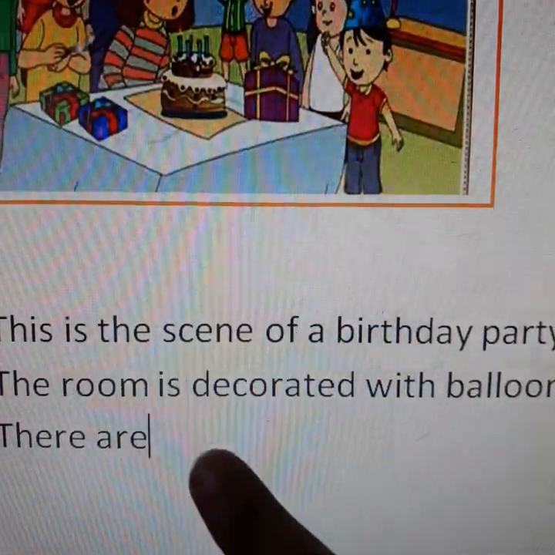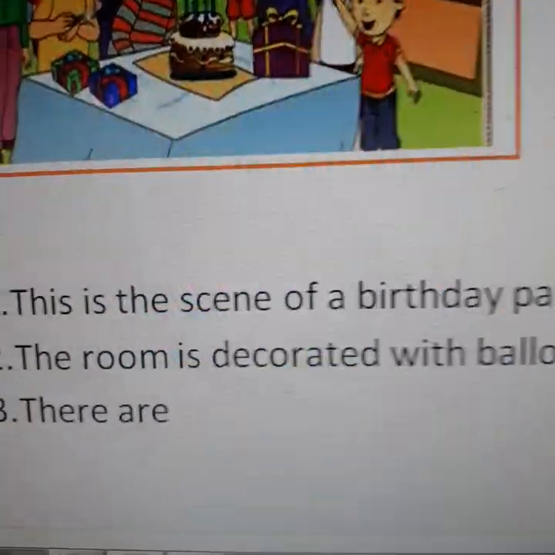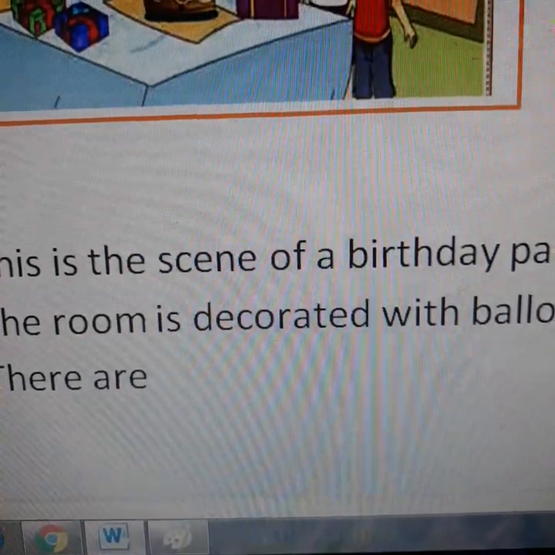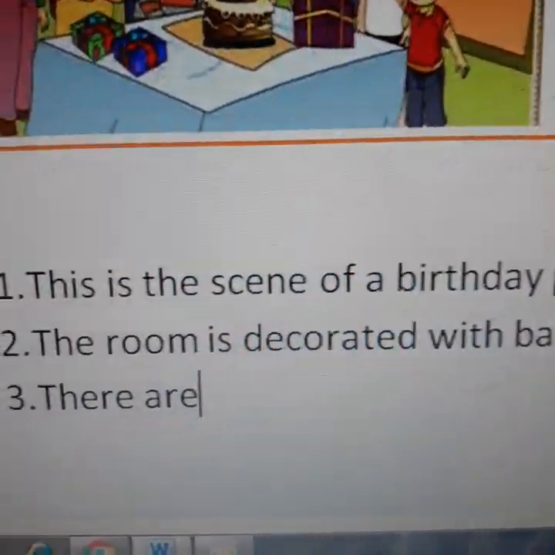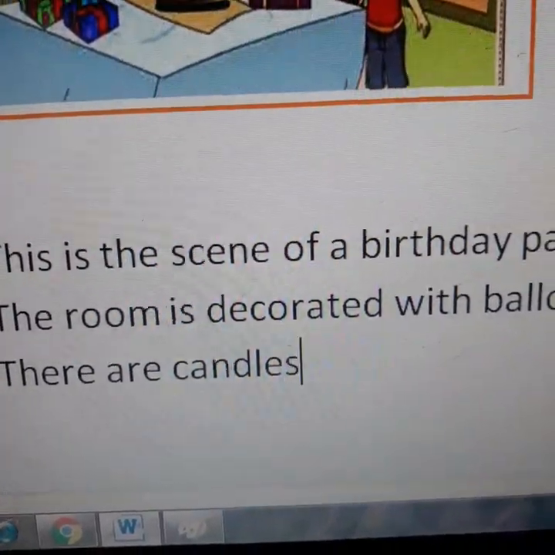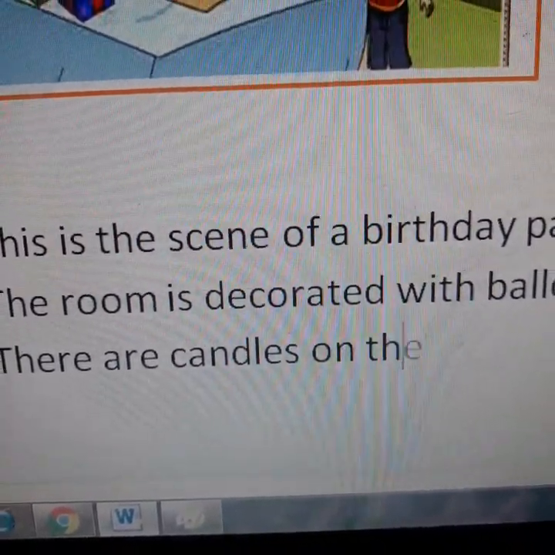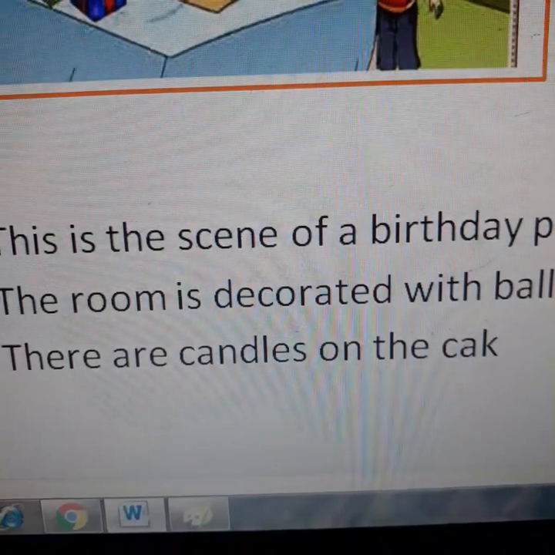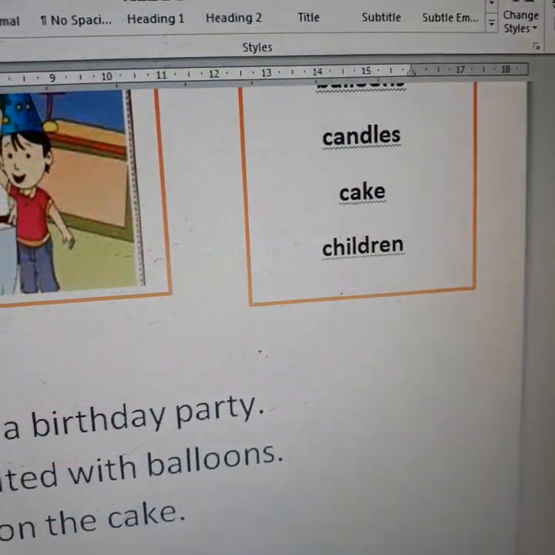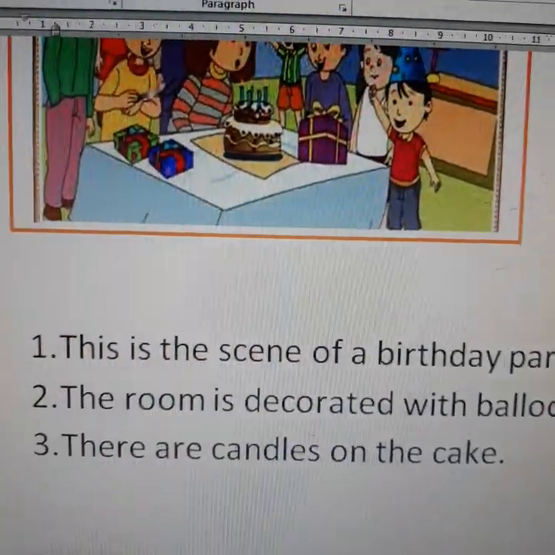Okay, always keep this thing in your mind, whether you have to use is or are. Because candles are plural, we will use are here. Again, you can see the spelling of candles from here, right?